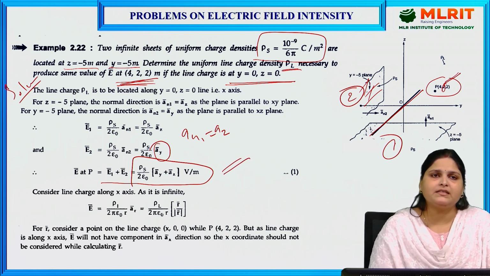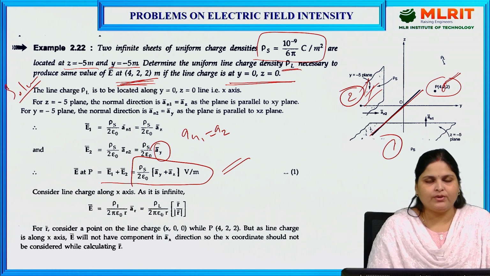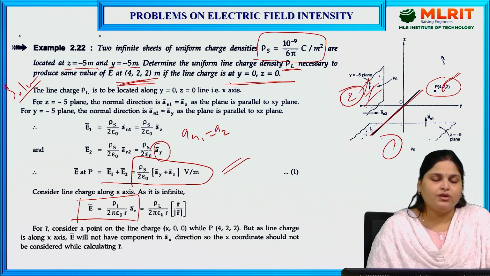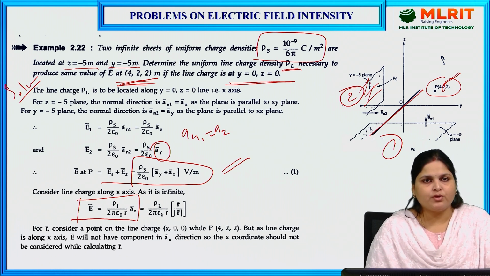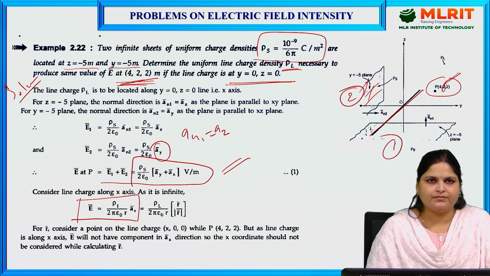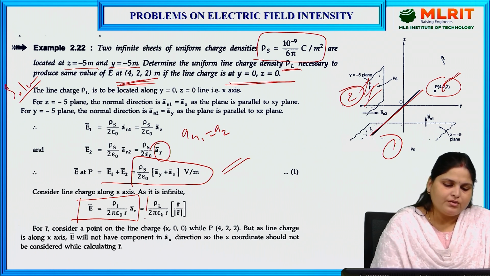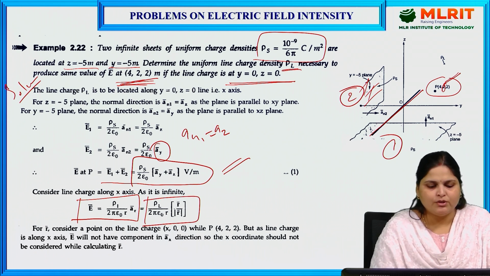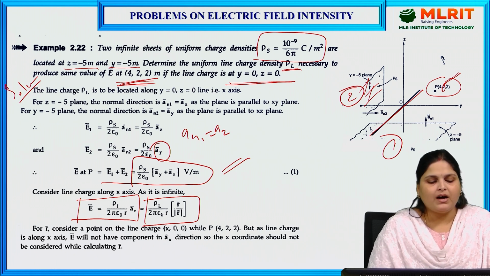Now we will consider the line charge. We have to find out rho L here. The formula of field intensity due to a line charge is rho L upon 2 pi epsilon naught r ar. So rho L is to be found out. 2 pi epsilon naught is known. Also we must know r and ar.